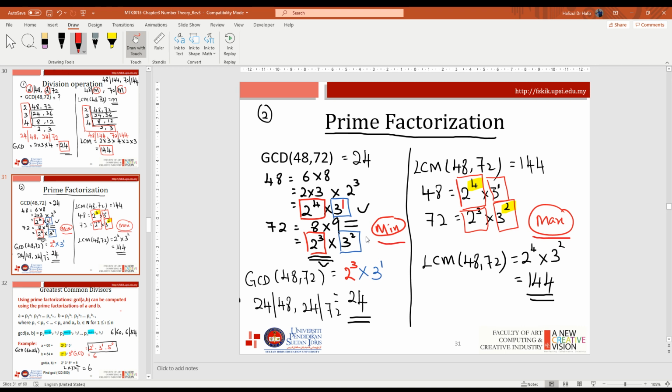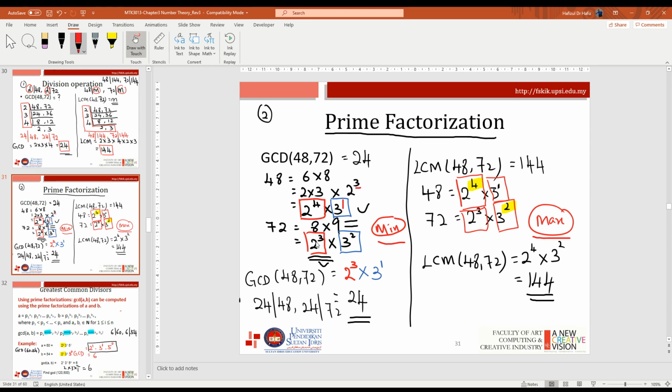Yeah. This one for the prime factorization. Okay, remember for the GCD, you choose the minimum for the ordering. You list out the primes. Okay, multiply by 3 multiply by 3 multiply by 2 power of 3.